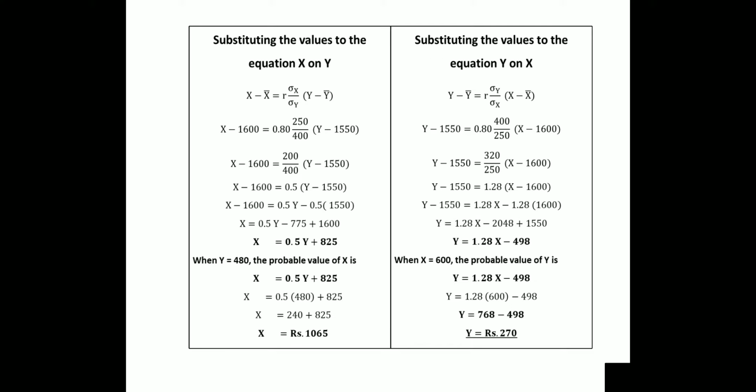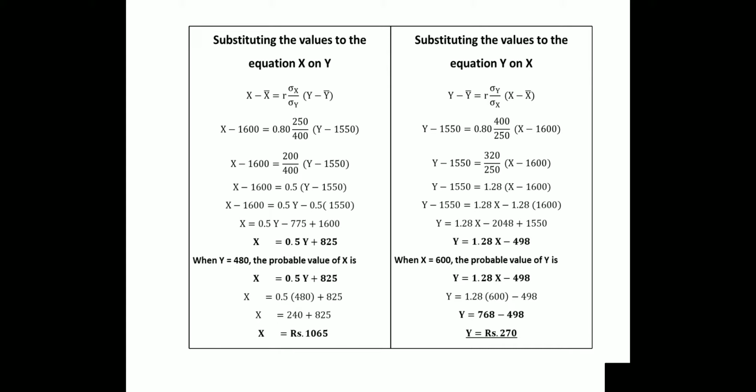Now the calculation goes like this, that is, let the income of x be the variable that is x and the income of y be the variable that is y here. So the equation will be x minus x bar is equal to r into standard deviation of x divided by standard deviation of y into y minus y bar.